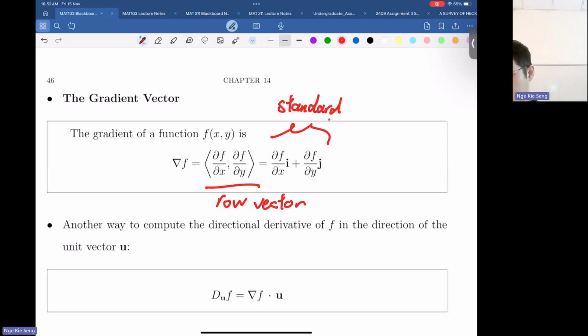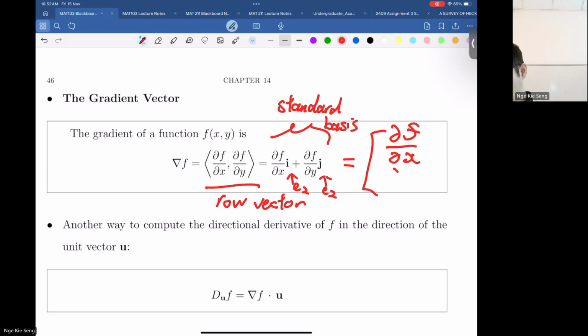They use i, j, k here, but this is really e1, e2 from your linear algebra. In my class you can use a column vector. I really want you to equate it with linear algebra. It's no different.